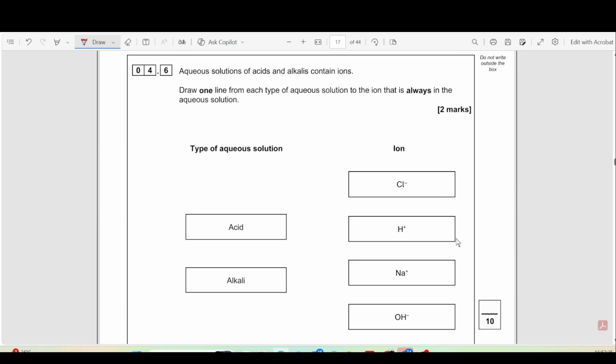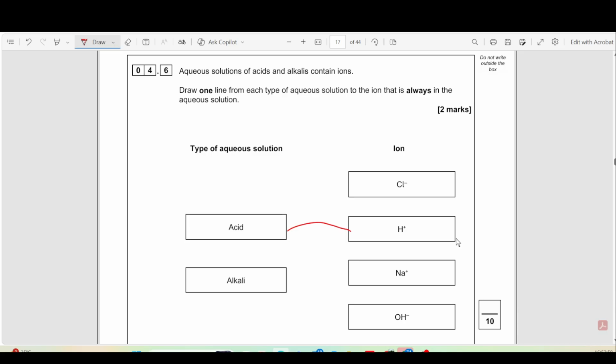Next question: aqueous solutions of acids and alkalis contain ions. Draw one line from each type of aqueous solution to the ion that is always in the aqueous solution. So the type of aqueous solution is given, ions are given. We have to match. So acids have H plus ions, so we'll match it with this.